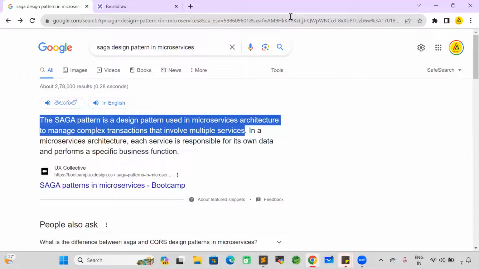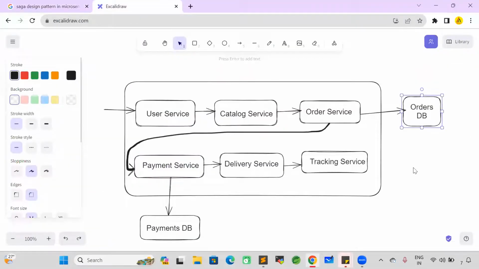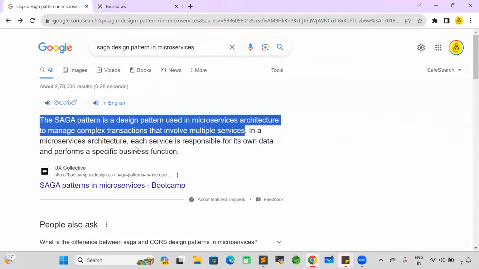Now you understand what the problem in the industry is and what SAGA is doing for it. SAGA is a design pattern used to deal with long-lived transactions that involve multiple services.